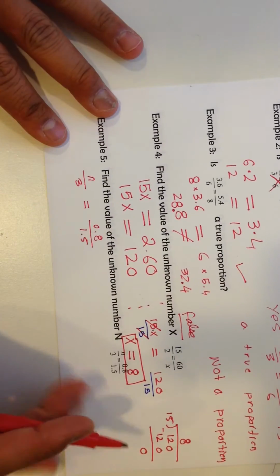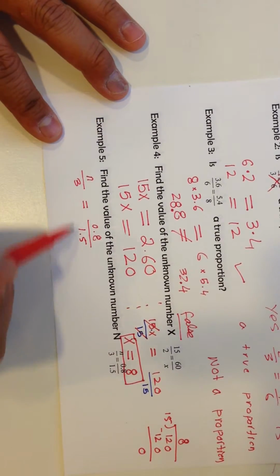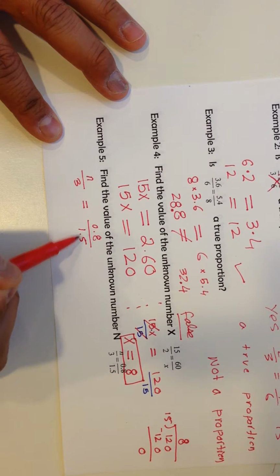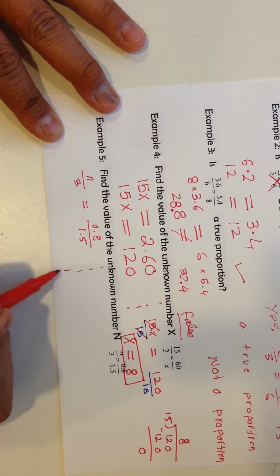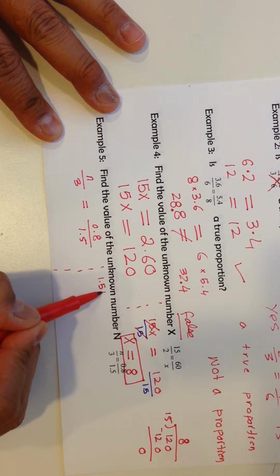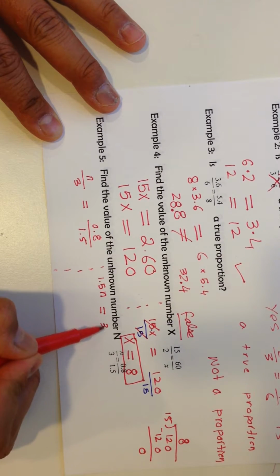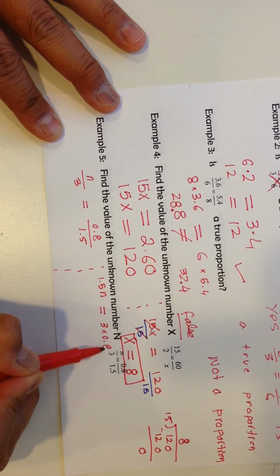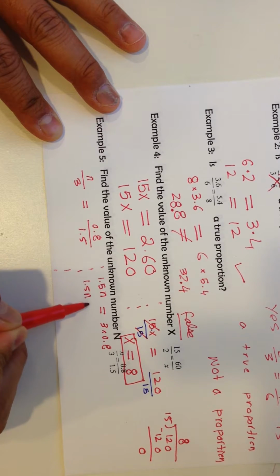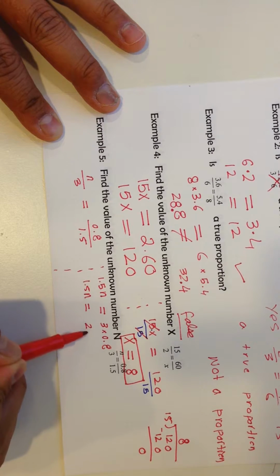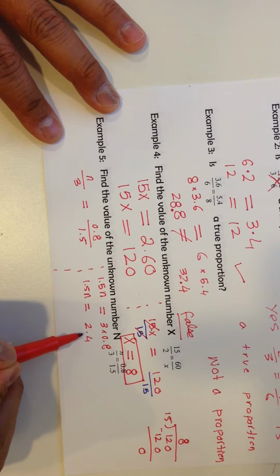Alright, so let's multiply diagonally. So I'm going to go 1.5 times n. So 1.5 times n equals 3 times 0.8. 1.5n equals 8 times 3 is 24. So it comes out to be 2.4.